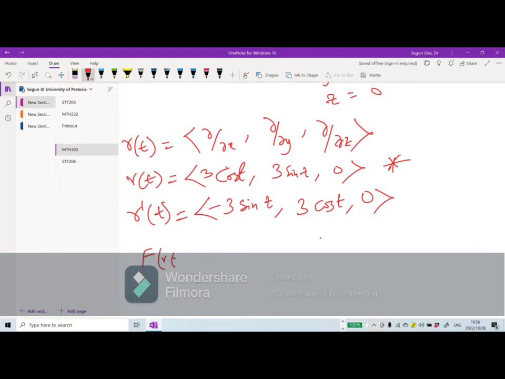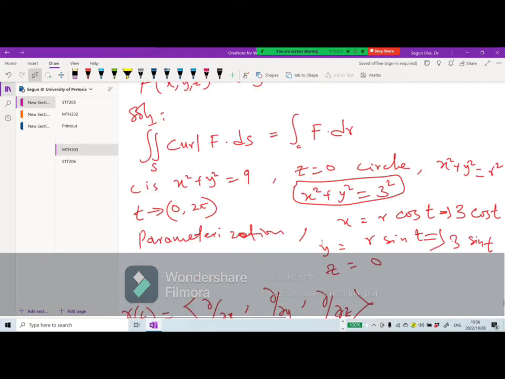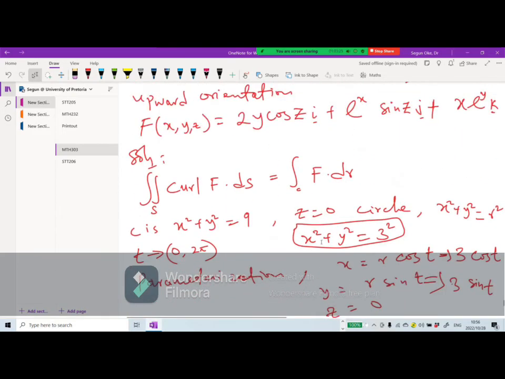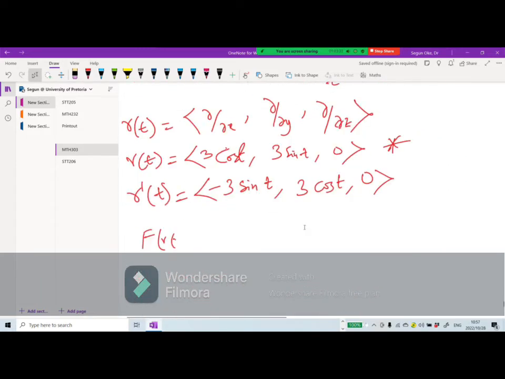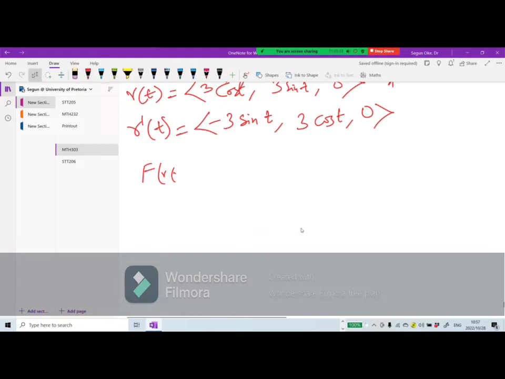What is our F? F is the question we are given. Can you see the question? This is what we are given. So we now said F multiplied by r of t.